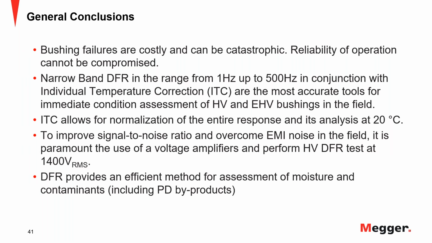And just to finalize my presentation, I want to get into some general conclusions. First of all, the bushing is an important component in our system, right? It's basically the link between the high voltage system or switchyard and the transformer or my circuit breaker or whatever piece of equipment.